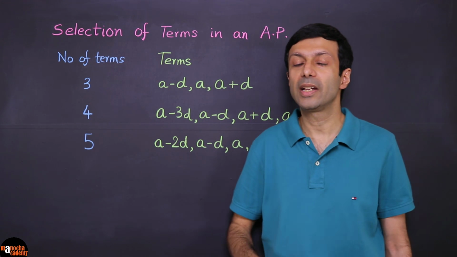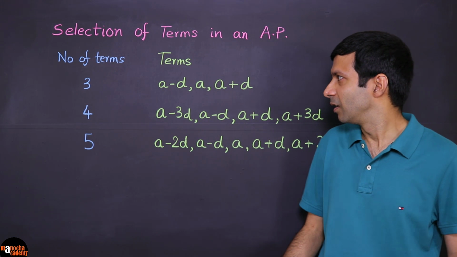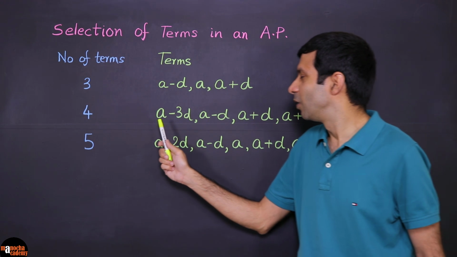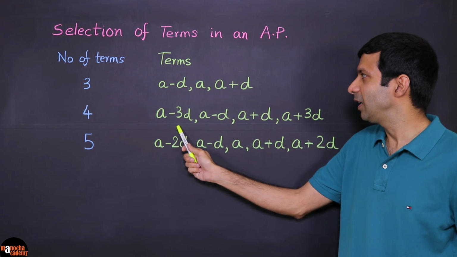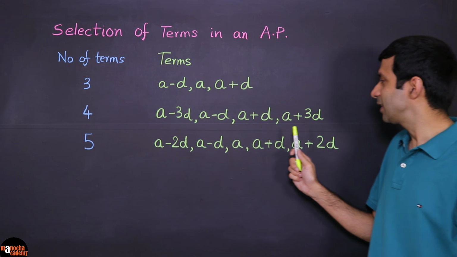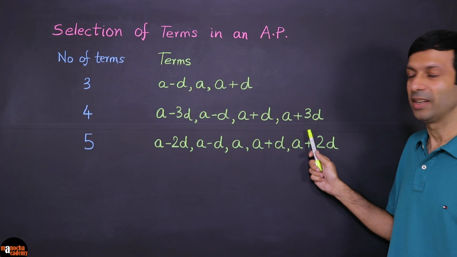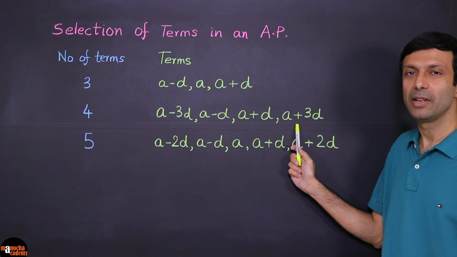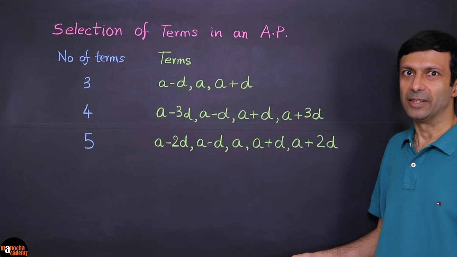But let's say you're given that 4 numbers are in AP. Then what do we take the 4 terms as? So when 4 numbers are in AP, we need to use A minus 3D, A minus D, A plus D and A plus 3D here. Okay, and what is the common difference in this case? Can you see that the common difference is 2D here?